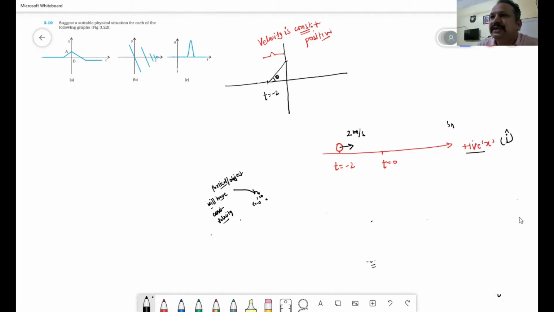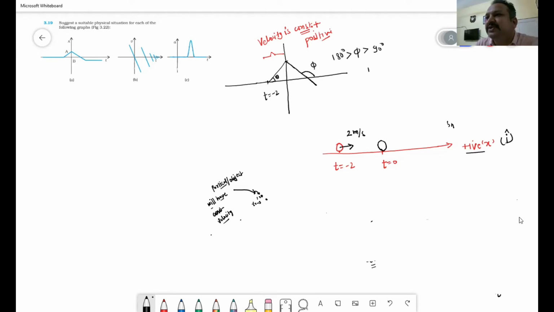So when time t is equal to 0, when this object comes over here, then the graph is like this. It means at this moment the direction of velocity will change. Why? Because now you will see this angle phi is greater than 90 degrees, but less than 180 degrees.